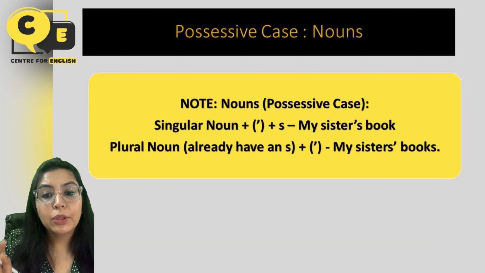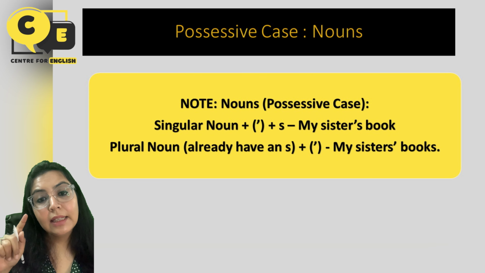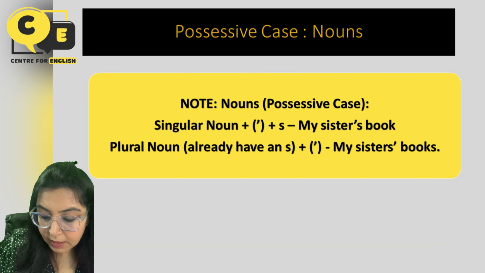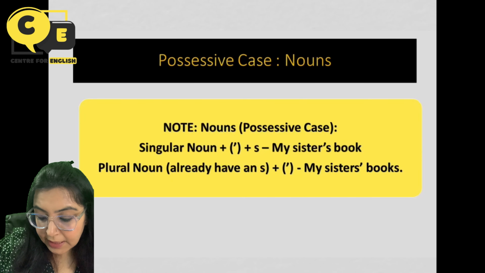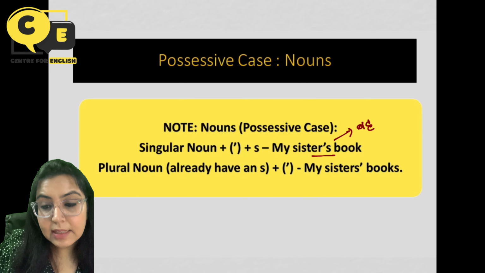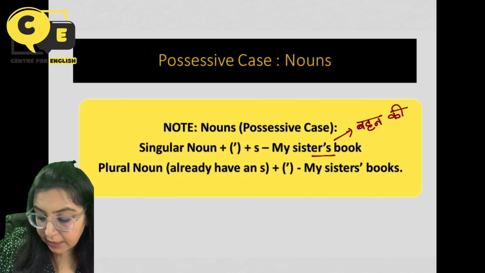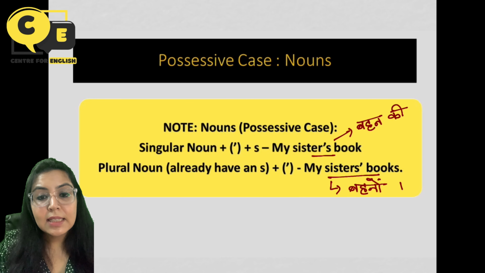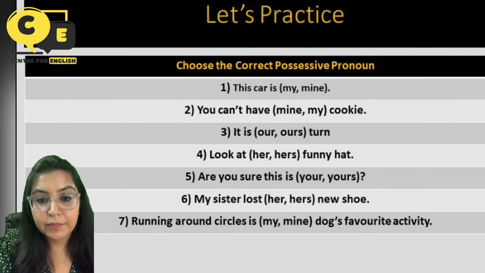I just have to put an apostrophe to it and इसका मतलब मेरी बहनों की. सिंगुलर नाउन में my sister's book यानी बहन की. प्लूरल नाउन में sisters' books यानी बहनों की. So this is essentially the possessive case for nouns.